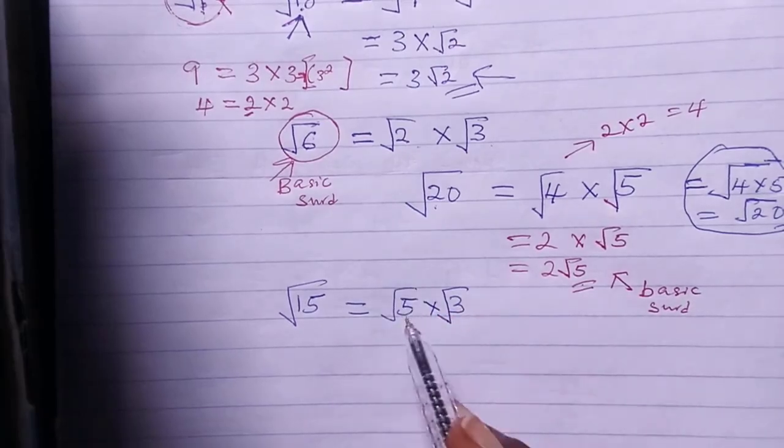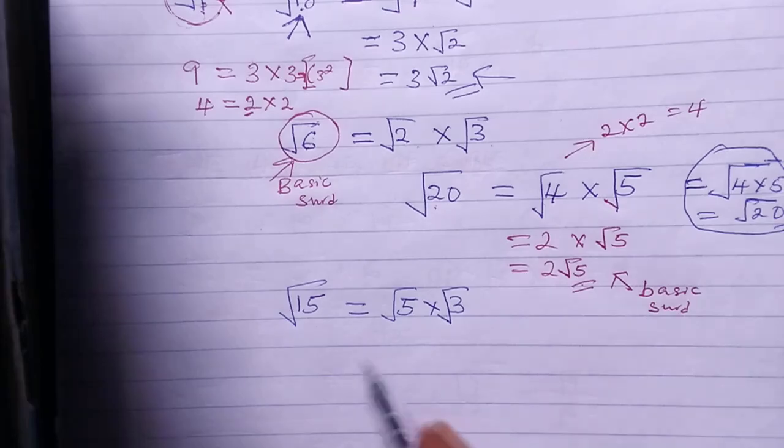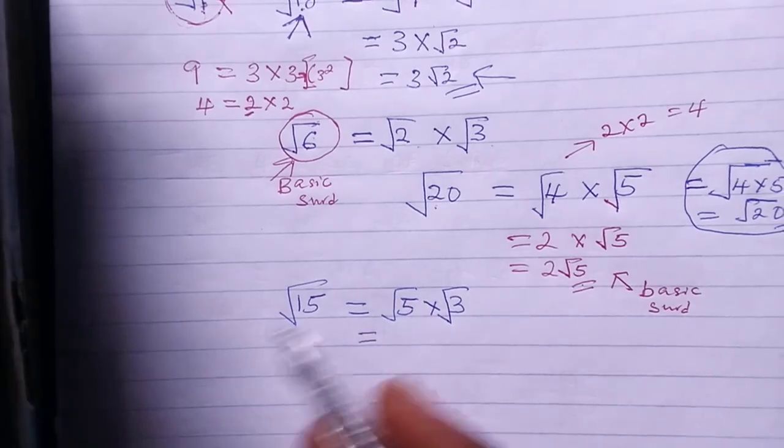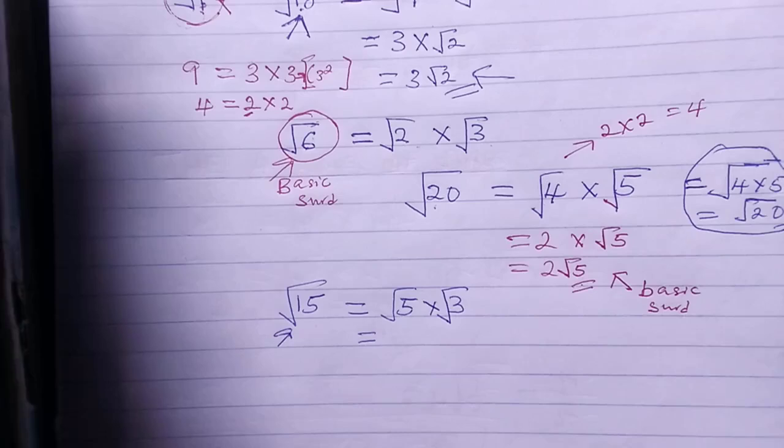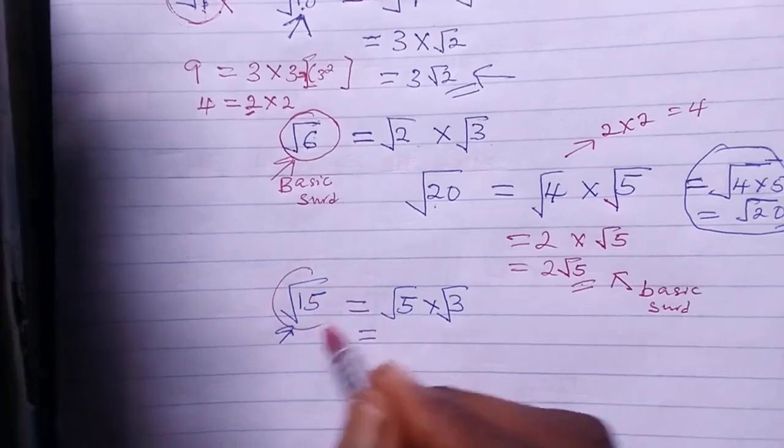Of course, none of these numbers here is a perfect square. So root 15 is a basic surd.